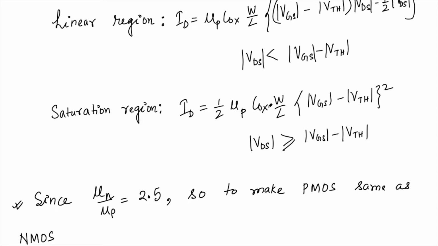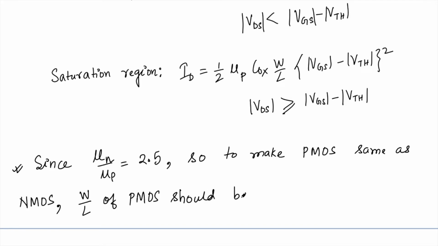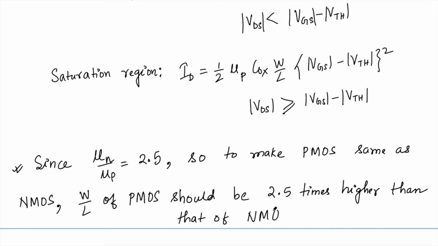The only thing that remains for a designer is W by L. So to make PMOS the same as NMOS, W by L of PMOS should be 2.5 times higher than that of NMOS. So this is very important.